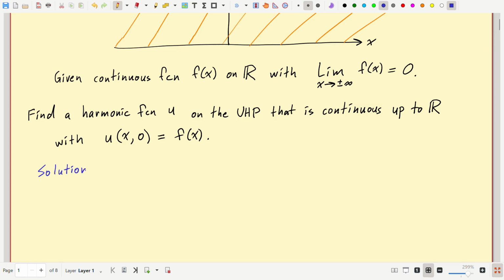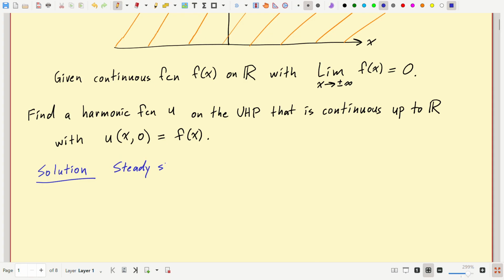And in the end, I'm going to show you the formula is valid. But getting it, you're going to maybe think I'm getting kind of wild and crazy with limits. So the solution is, let's see, first of all, it's a heat problem. It's actually a steady state heat problem.